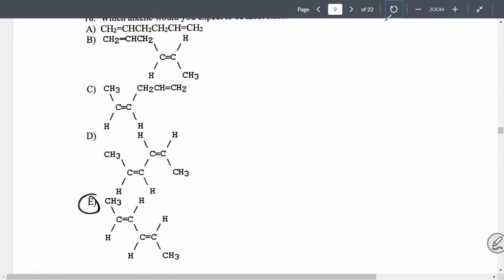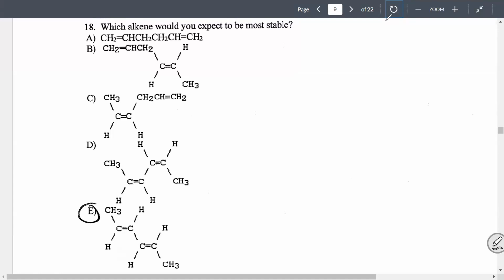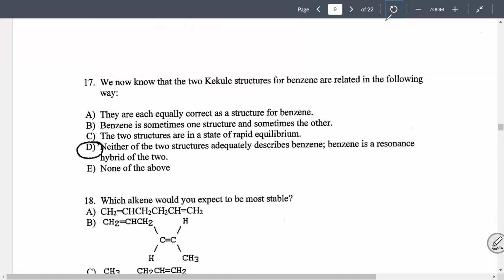Okay, this one should have been pretty simple for you guys. If we're looking at stabilities, what's the trick? What am I looking for? The more E, the more trans you are, the better it is.